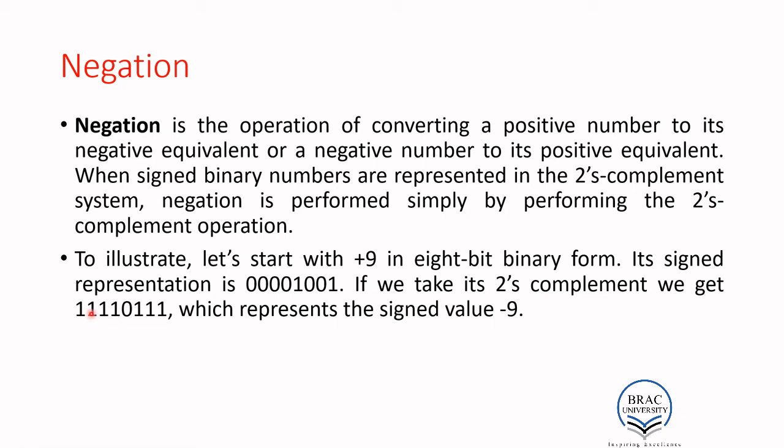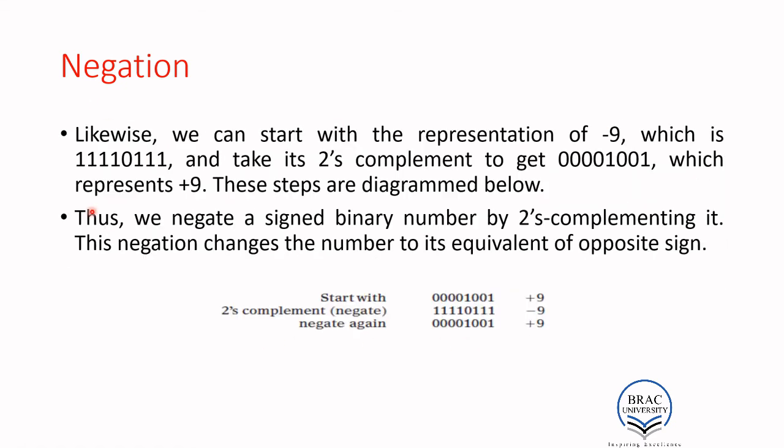This is your sign bit actually, right? Here the sign bit is 1 for minus 9. Likewise, we can start with the representation of minus 9, which is 11110111. Take the 2's complement, so it becomes 00001001, which represents plus 9.